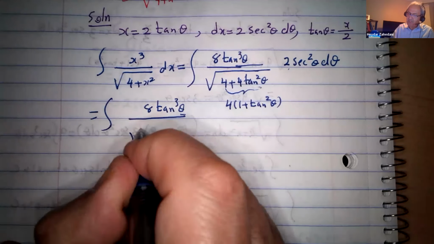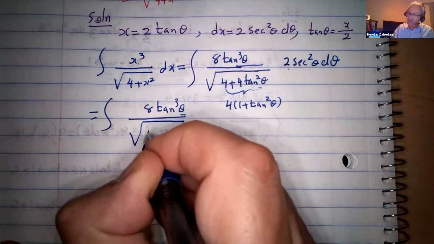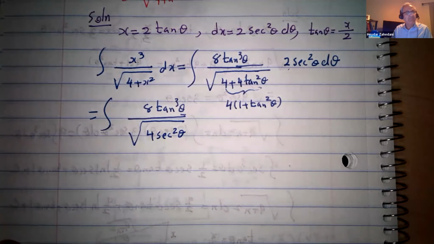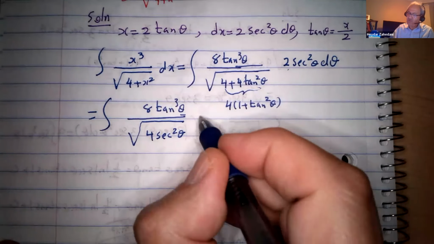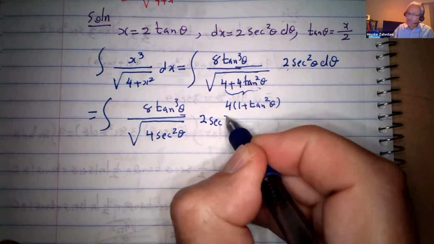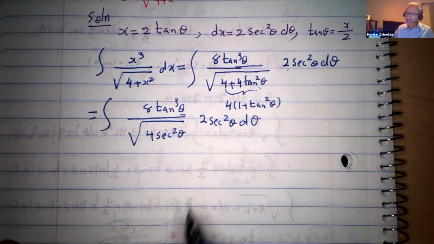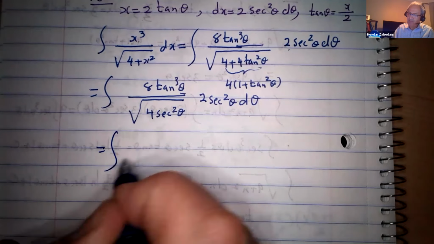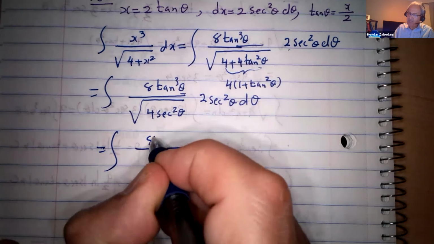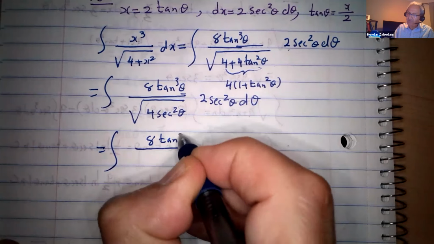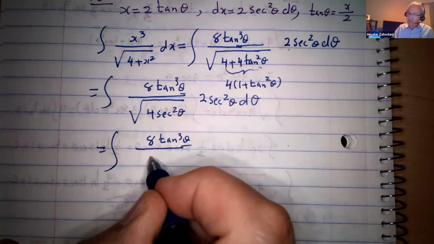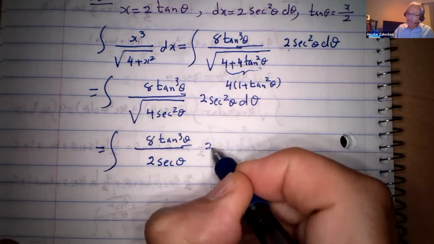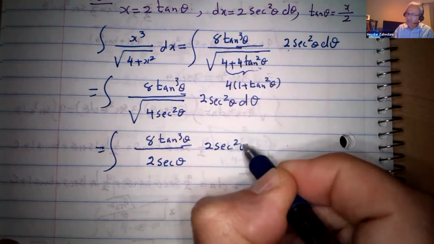So this would be the square root of 4 times secant squared of theta, and multiply by 2 secant squared of theta d theta. Okay, go on, take the square root. So the top is 8 tan cubed of theta, the bottom is 2 secant of theta, and over here you have 2 secant squared of theta d theta.